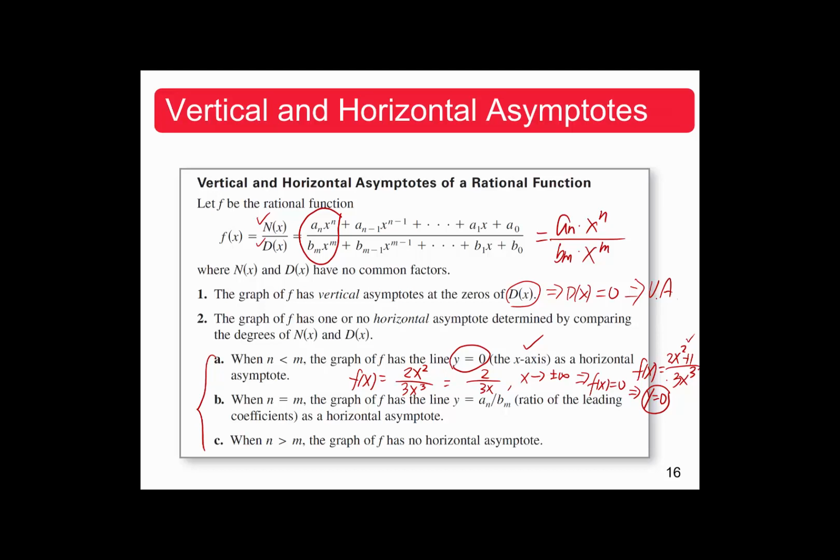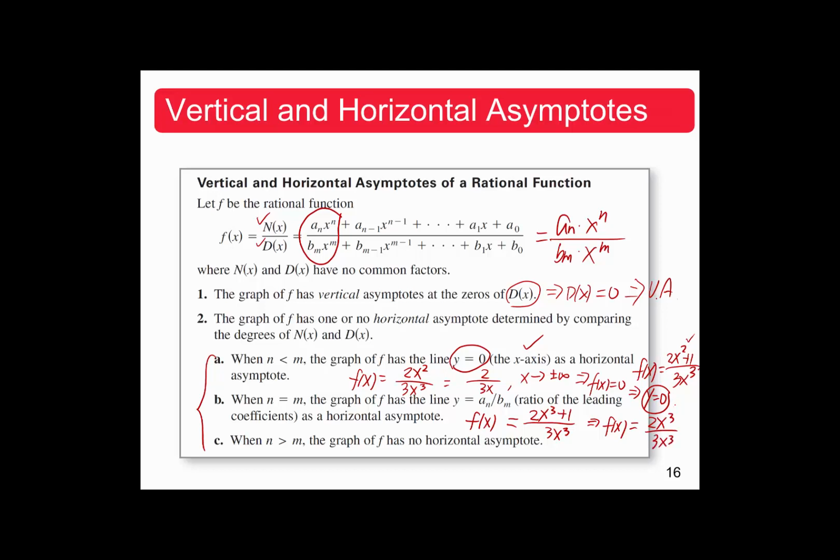Now, the second example is when the leading power on top and the leading power on the bottom are the same. So let's say we get 2x cubed plus 1 over 3x cubed. Similarly, when you perform the analysis, we just drop the constant, so you get 2x cubed over 3x cubed.